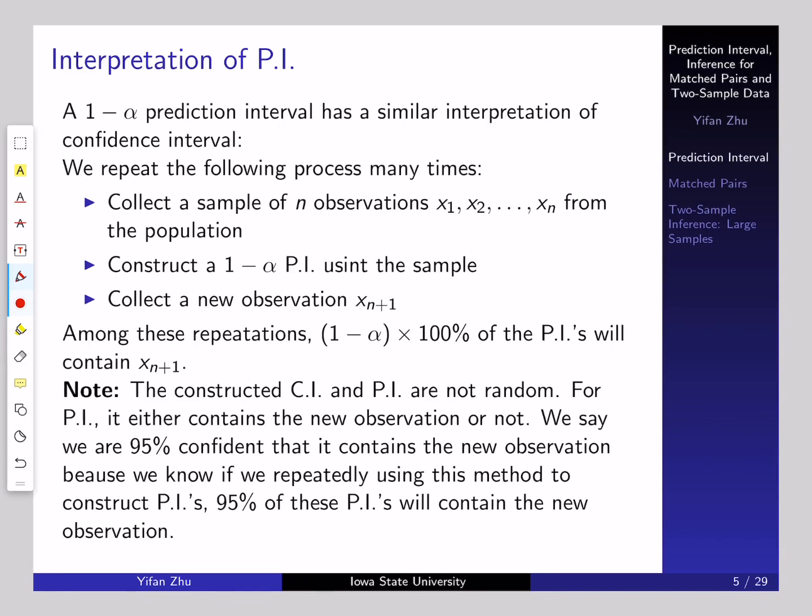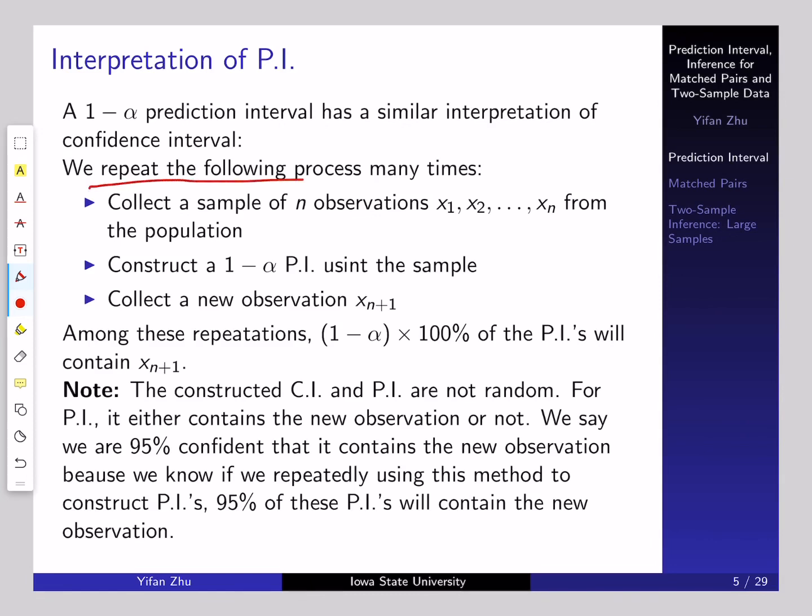For the confidence interval, if we repeatedly get one sample from a population and calculate the confidence interval, and repeat it thousands of times, then if we are constructing a 95% confidence interval, out of these thousands of intervals, 95% of them will capture the true mean. Same here for the prediction interval.